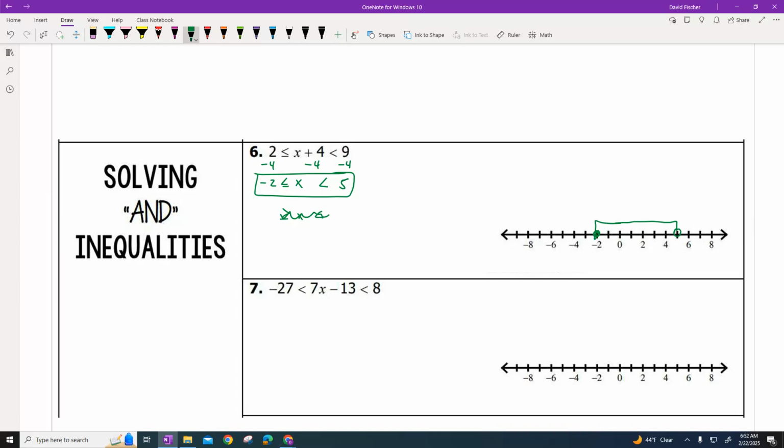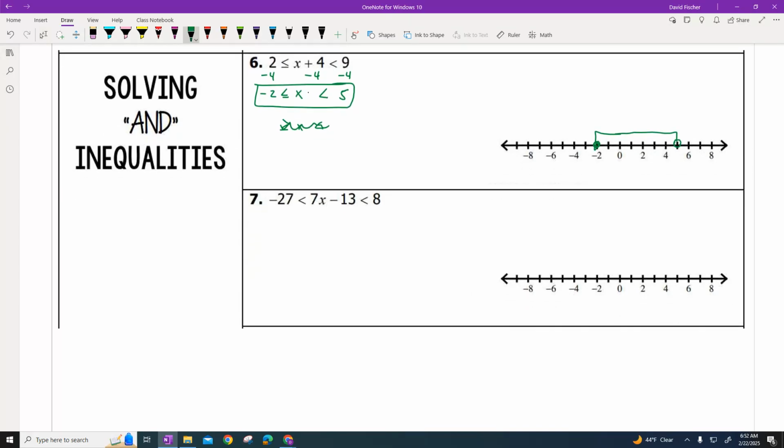All right. Another one, I love it, because I can solve two problems at the same time. So what I'm going to do now is, I know I need to get rid of that -13 by adding 13. So I'm going to put plus 13 over here, and I'm going to put plus 13 over here.